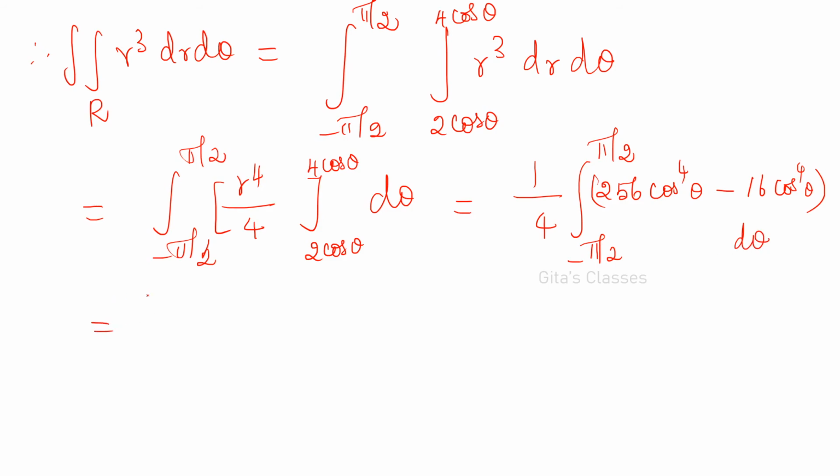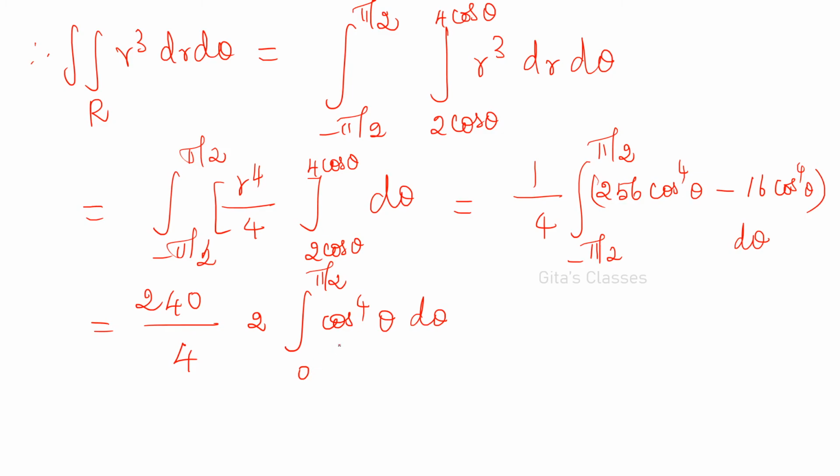So it is equal to cos power 4 theta common: 256 minus 16, so 240 divided by 4, into integral of cos power 4 theta, which is an even function. So I can write it as 2 into integral 0 to pi by 2 cos power 4 theta d theta.